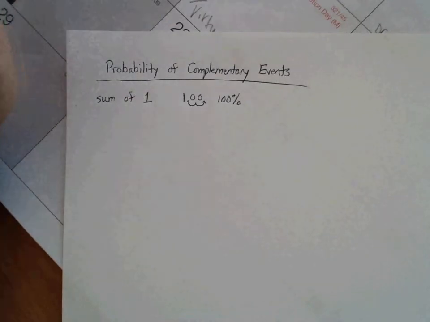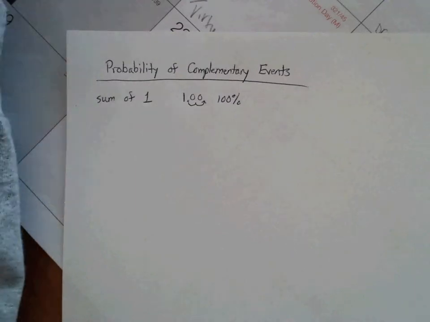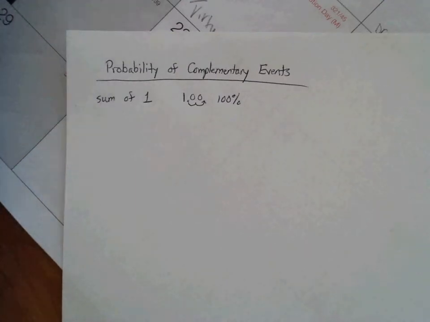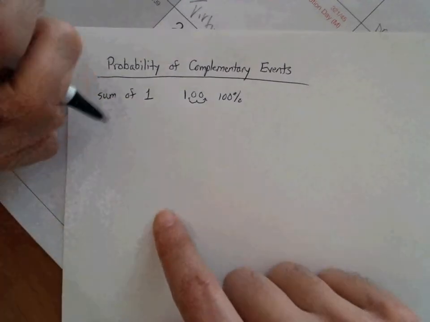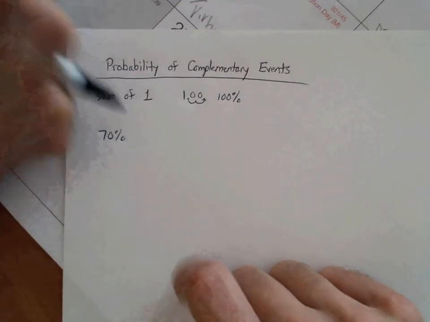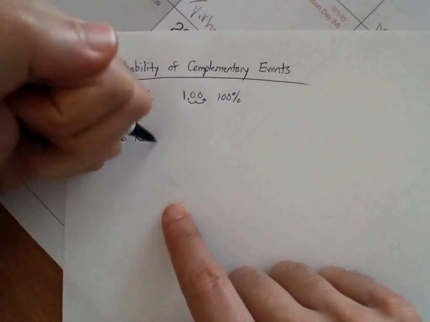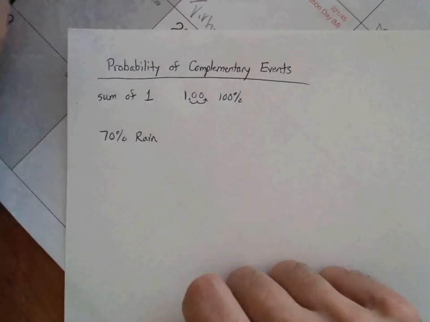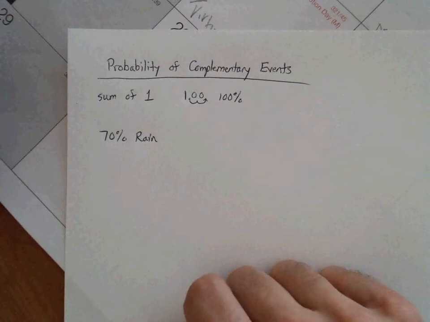So let's look at some examples where you might see this. One thing I see every day when I'm getting ready to go to work is I look at the weather, see what it's going to be, and a lot of times it'll show the percent chance of rain. So let's say for this scenario, we have a 70% chance of rain. What we're going to do is find the percent chance it's not going to rain.